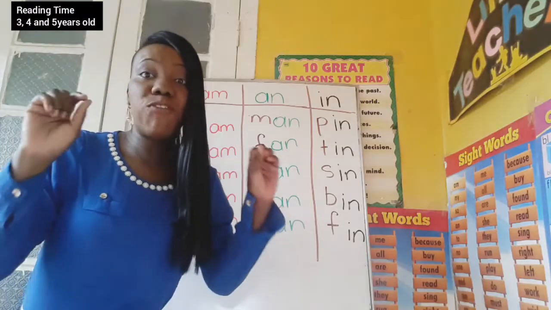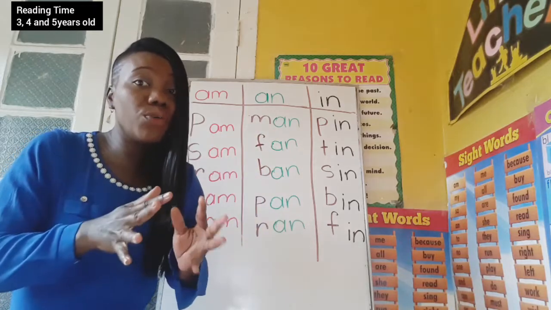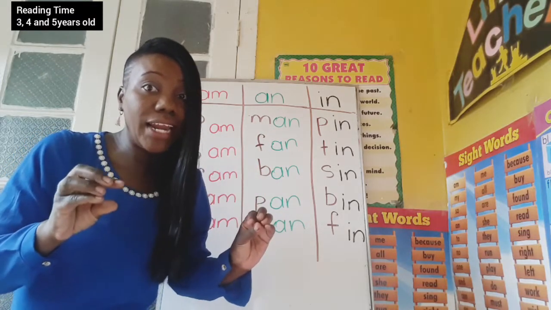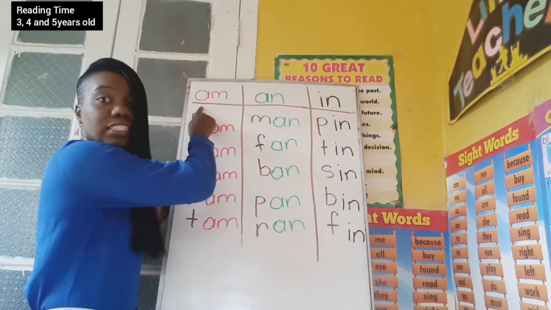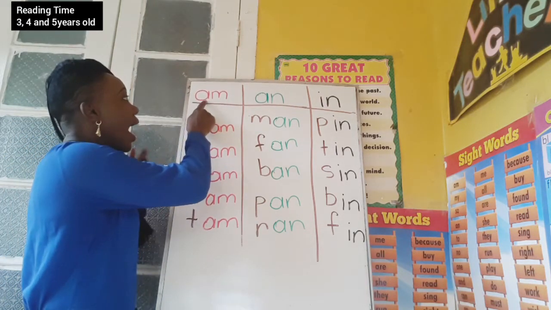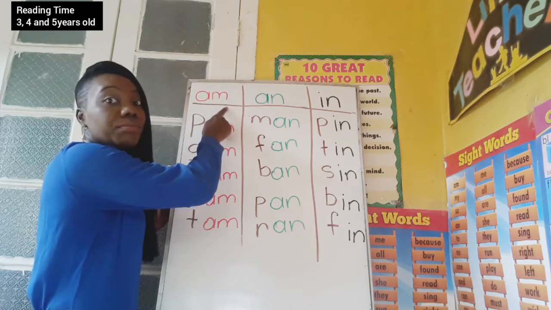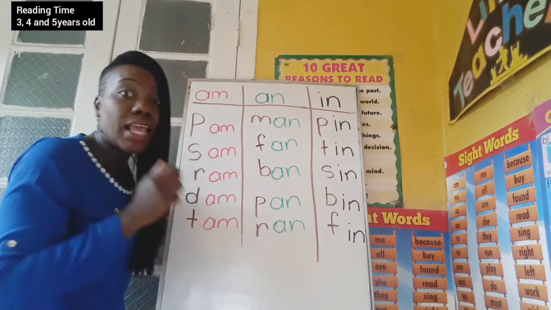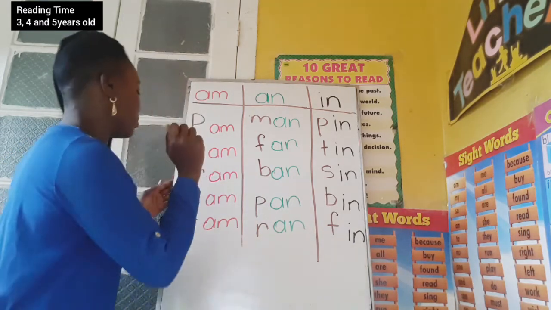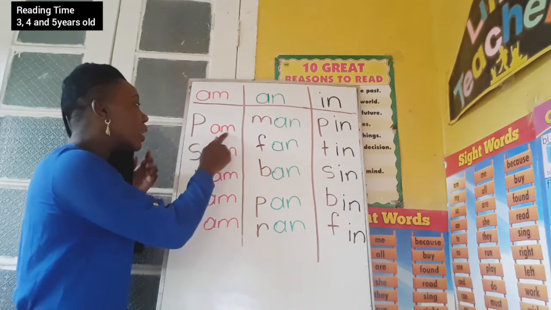Now before we start to read, let's go through some of the words that we already did, right? Ready? Now, this is the word am. And these are the words for the am family. Let's sound them out. Am.